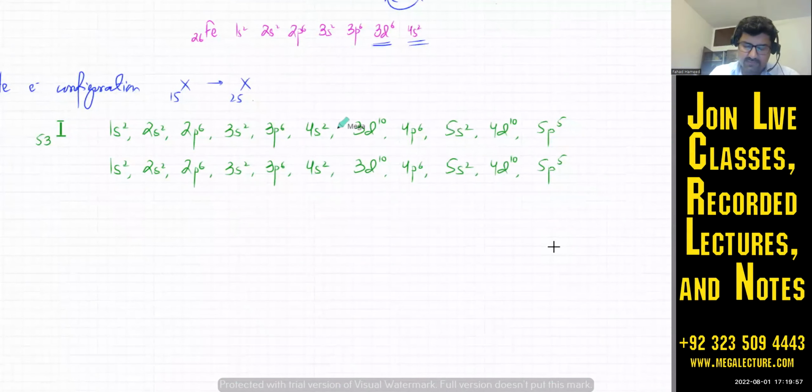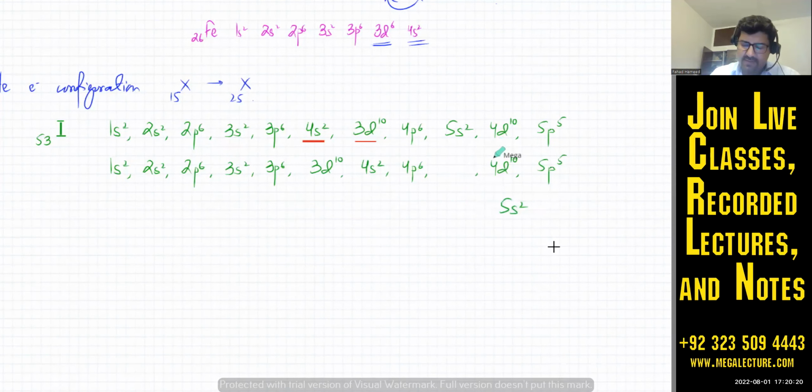I have to switch the 4s and 3d positions, so it goes according to shell number, and I have to switch the 5s and 4d positions.